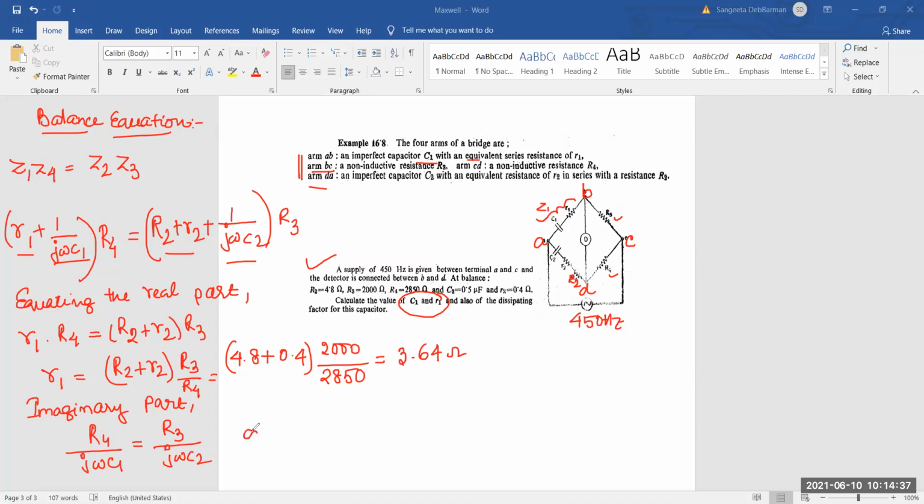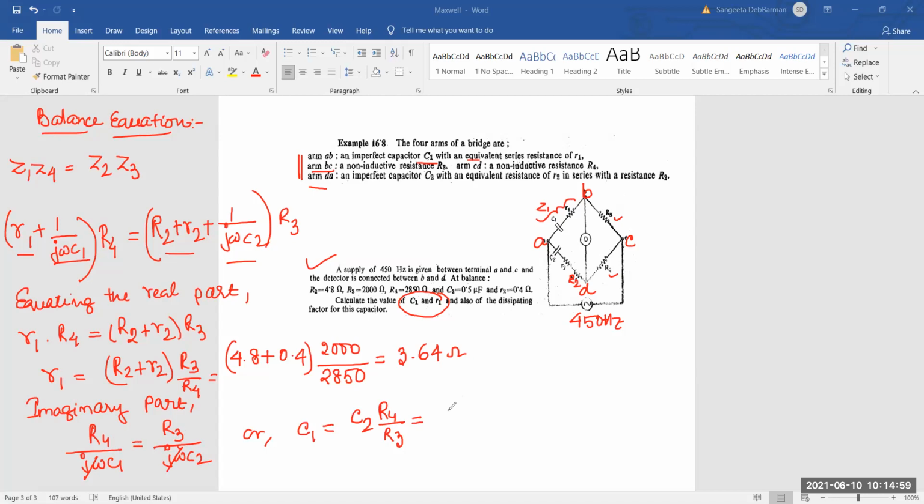Clear? The j omega will cut out. What I can write is C1 equals C2 times R4 by R3.